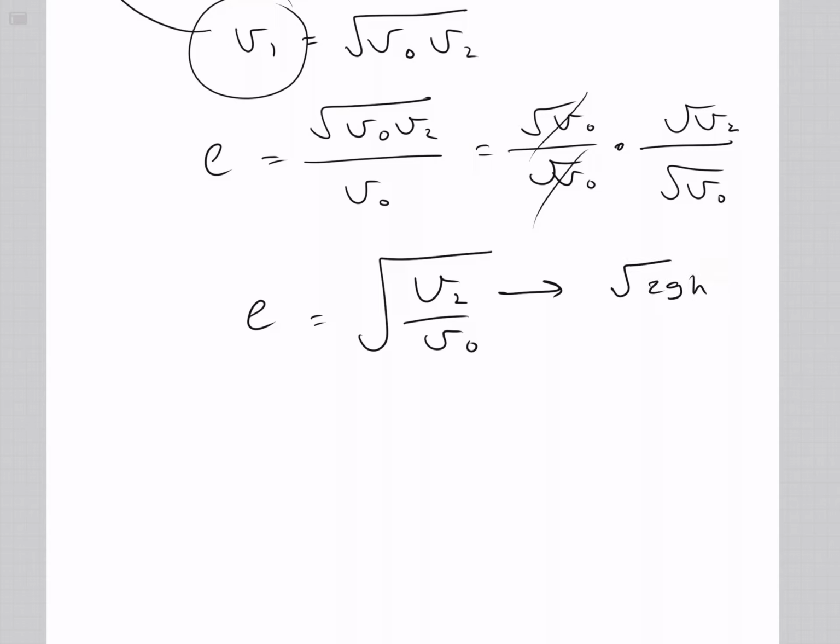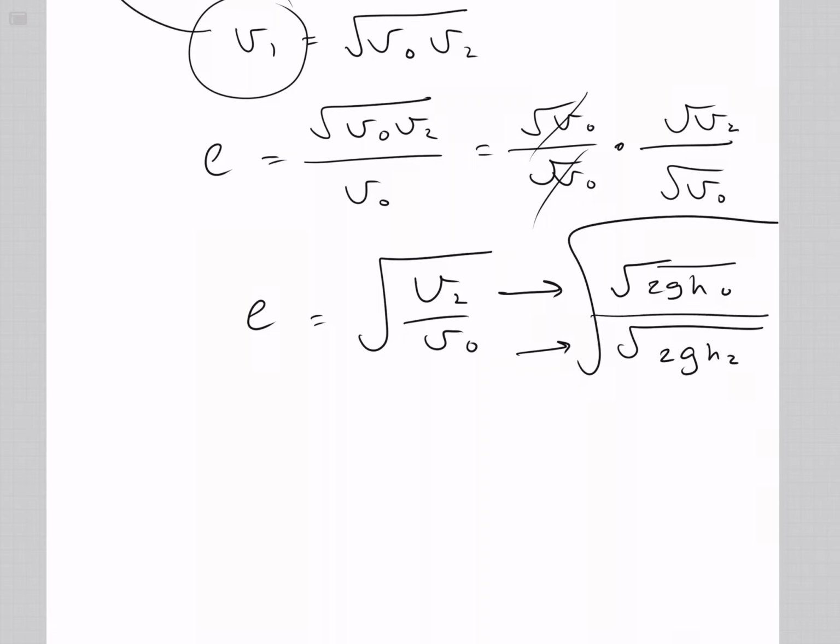We know that V2 is equal to the square root of 2gh2, and V0 is equal to the square root of 2gh0.